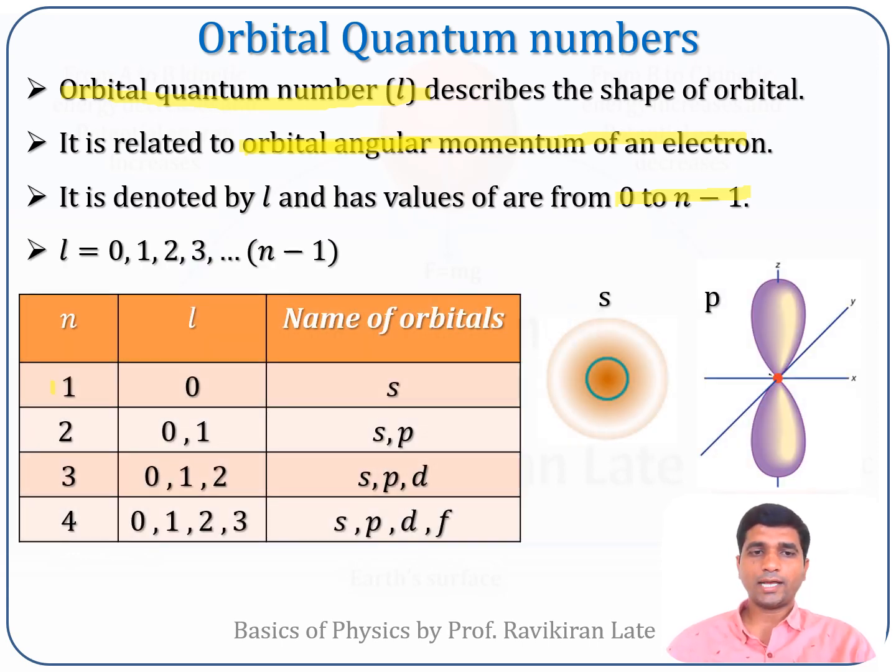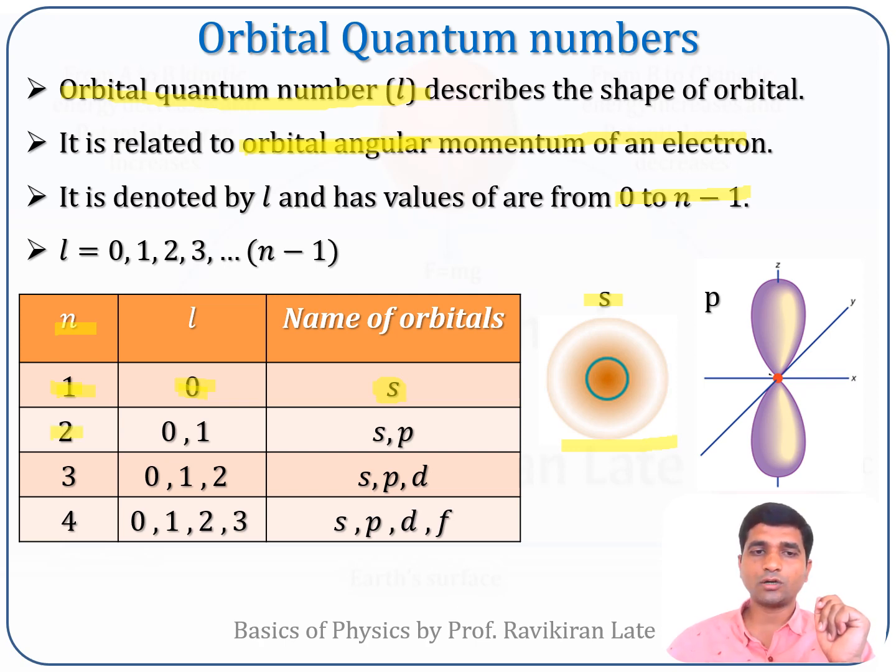For example, for n equal to 1, L can take values from 0 to n minus 1; as n is 1, 1 minus 1 is 0, so the value of L will be 0. The name of the orbital is the s orbital, which is spherical in shape. In this figure you can see the shape of this orbital; it is spherical in nature.